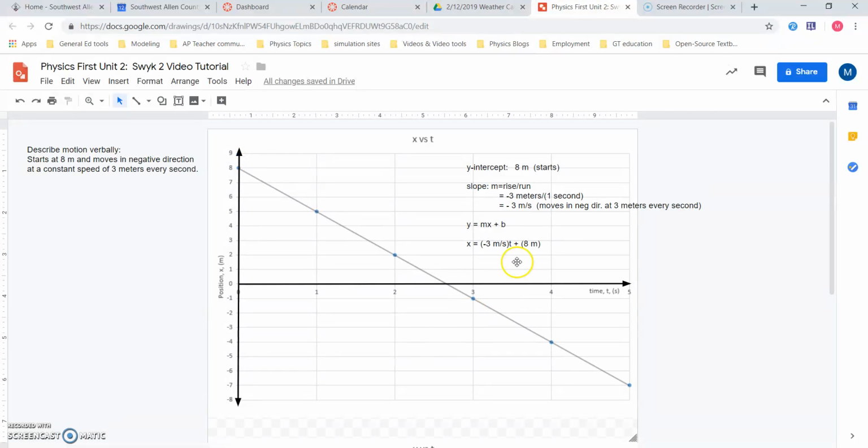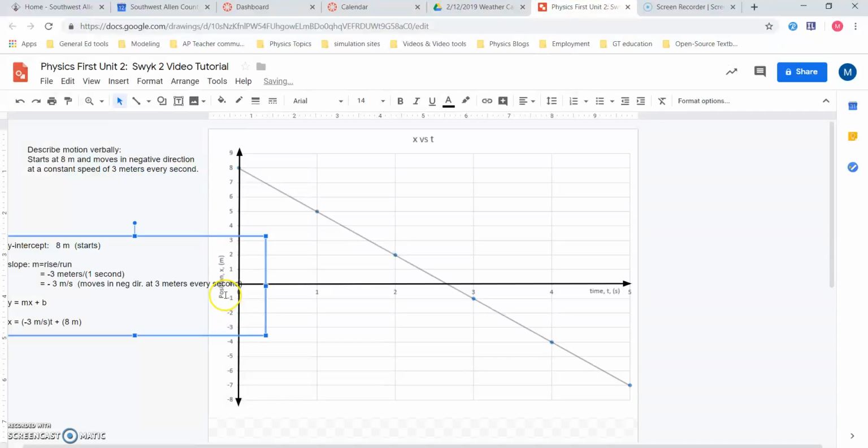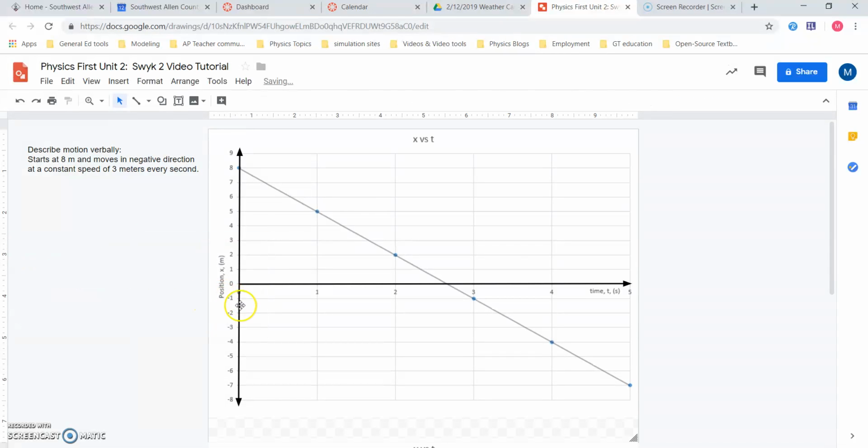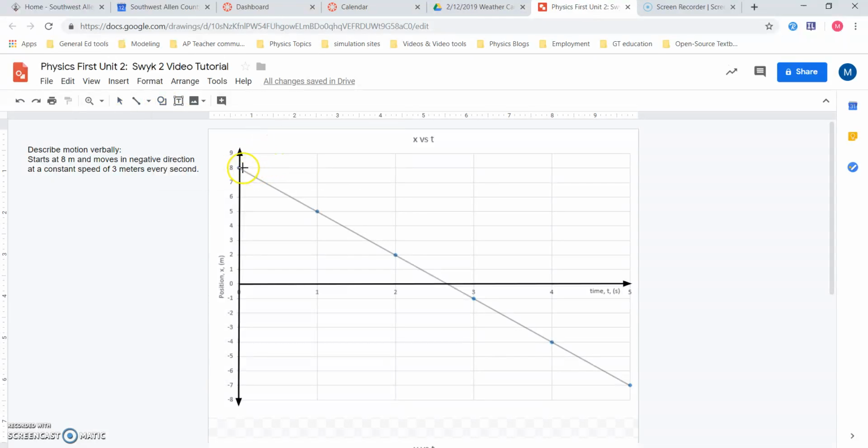If we had a position time graph that looks a little different than this, so let's say, ignore the line that's on here. Let's see if I can erase it or something. Let's get rid of the line if I can.